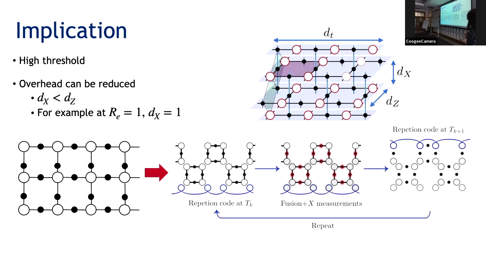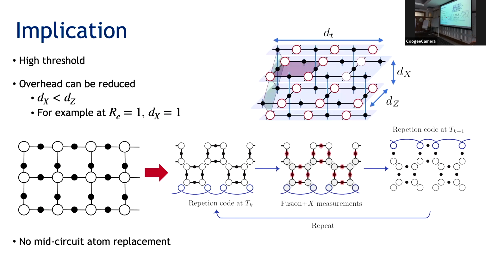In fact, in the fusion picture, this is a 3 qubit repetition code in time. Time is going in the horizontal direction, and it can be implemented with just 2 layers of your resource states in this fashion. Okay.